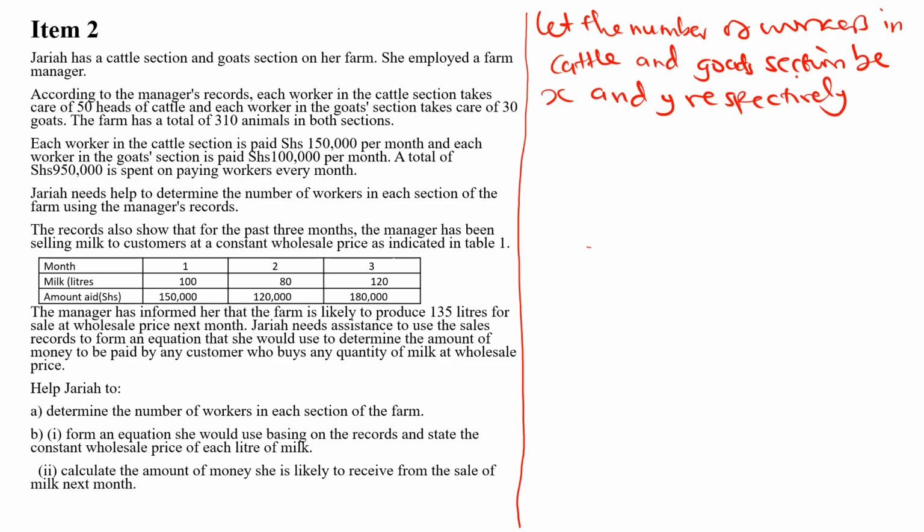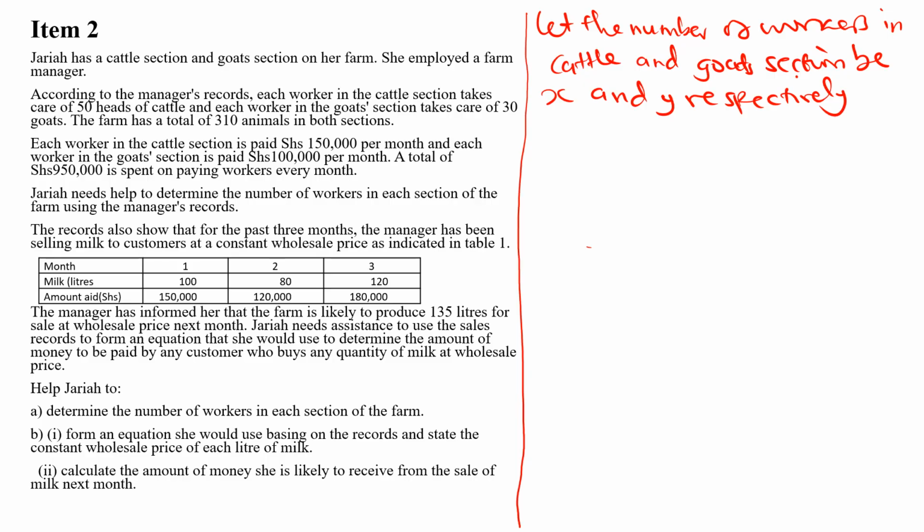Now, you come and connect. It's better to draw a table, but here I'll just explain. If X workers are working in a cattle section, come and ask yourself, how many heads of cattle does each worker take care of?